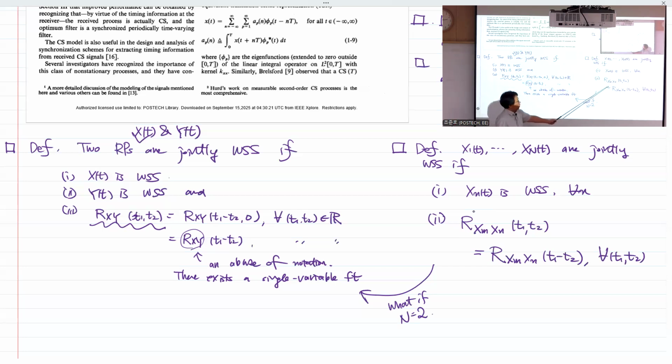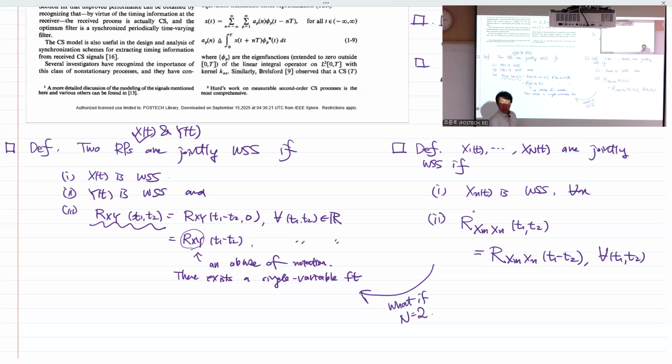Second, since here wide-sense stationarity means that you have taken the same m and n, now if we want to remove redundancy, we only need to choose m and n different. For example, m equals 1, n equals 2. Then you have that one.